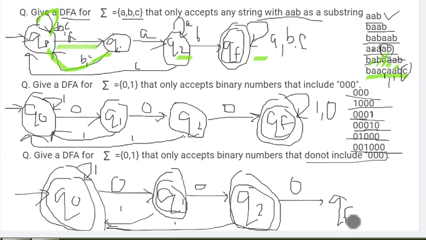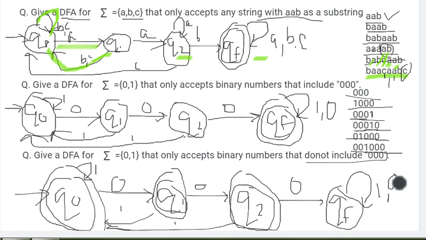That is normal state means no two circles, simple one circle, and there we had a loop of 0, 1. That's it. So this is our DFA that does not include 000. So first you make it for include 000, then whatever the normal states are, make them final states, whatever the final state is, make it a normal state. That's it. Rest everything will be the same.